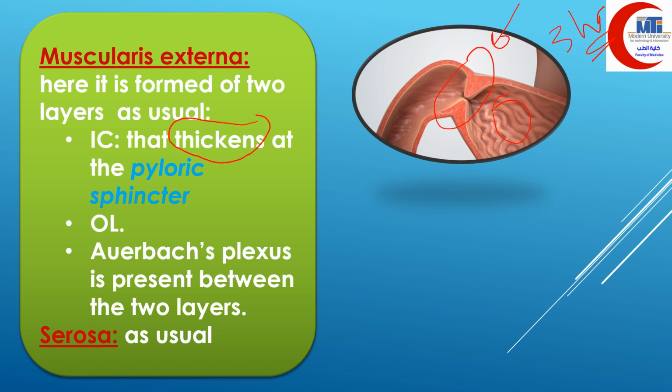In order to form a pyloric sphincter, in order to close the passage of food till it becomes chyme. So here the inner circular becomes thickened to form a pyloric sphincter. In between the inner circular and outer longitudinal, we have a myenteric nerve plexus, which is the Auerbach plexus. Finally, we have serosa as usual.